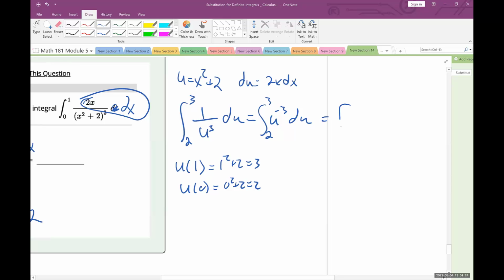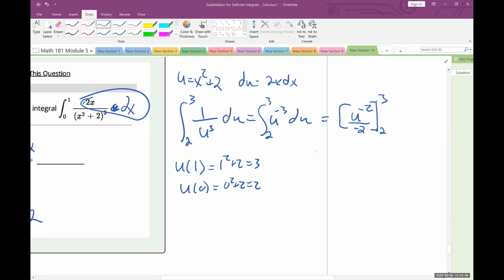Okay, so if we integrate this, it's u to the, we add 1 to that power, what does it become? Add 1 to -3. -2, good, and we divide by -2, and we're going to evaluate that from 2 to 3.